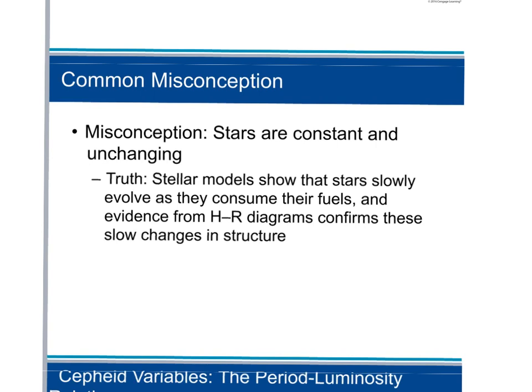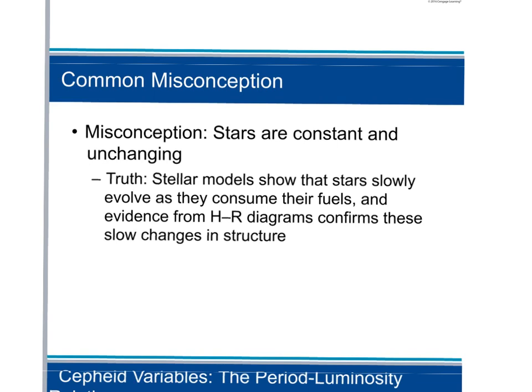By now it should be obvious that stars are not constant. People often think that a star is constant and that it doesn't change. So the misconception is that when you look at a star, whether you're looking at the sun or whatever star you're looking at, that it looked like that from the dawn of time, and that it's going to look like that forever. Well, what we've just shown is that that's not true.